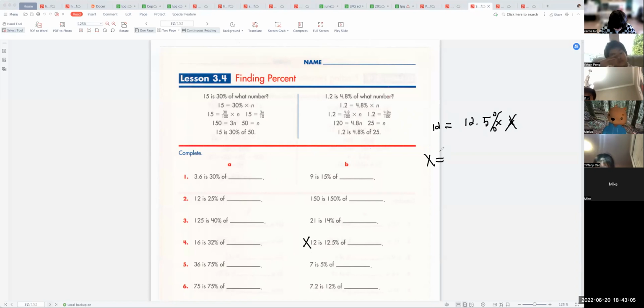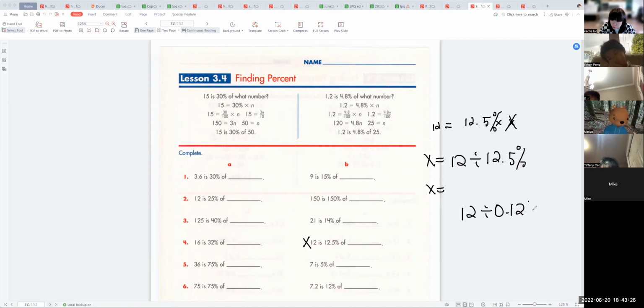X equals 12 divided by 12.5%. Okay, x equals 12 divided by 0.125.